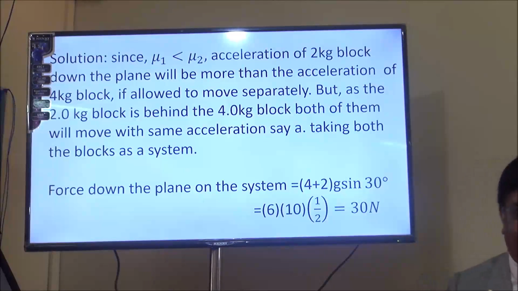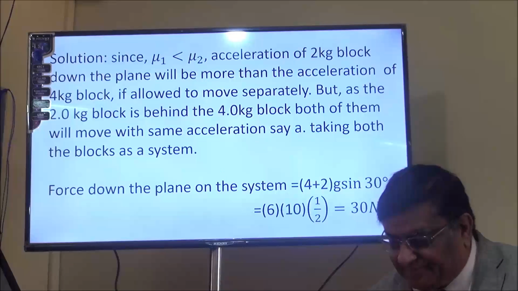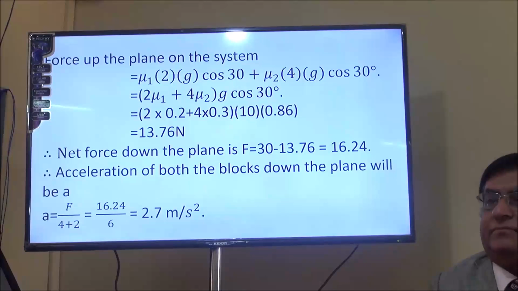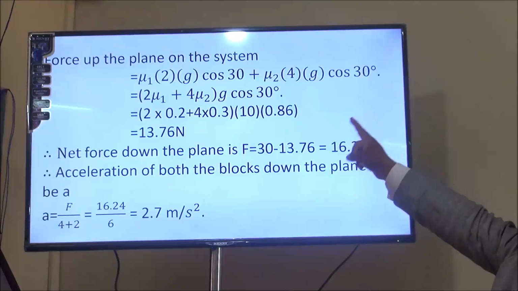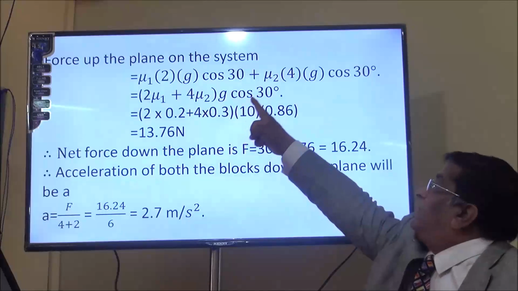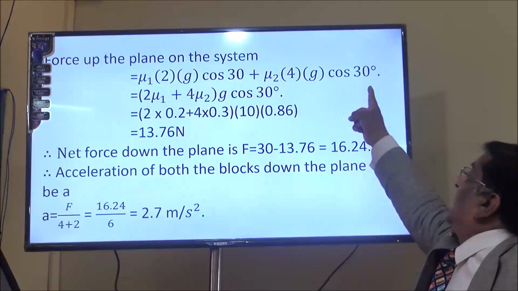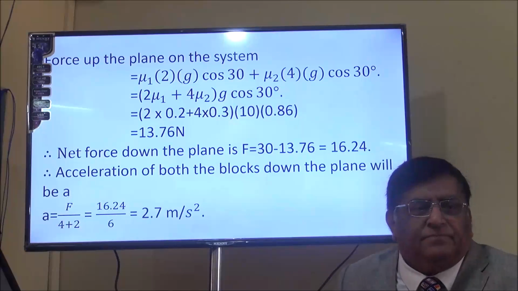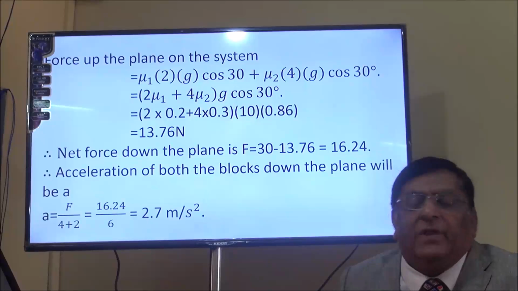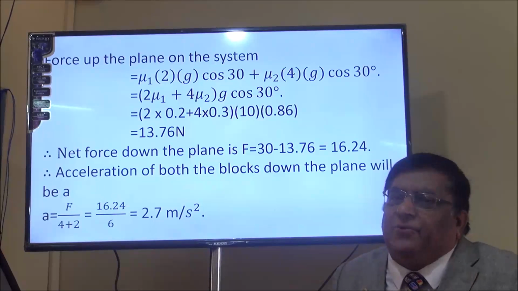30 Newton. Then after that, who is resisting it? Friction. So that is the force up the plane. Mu1 and mu2. How has this expression come? Do you remember the formula for frictional force?